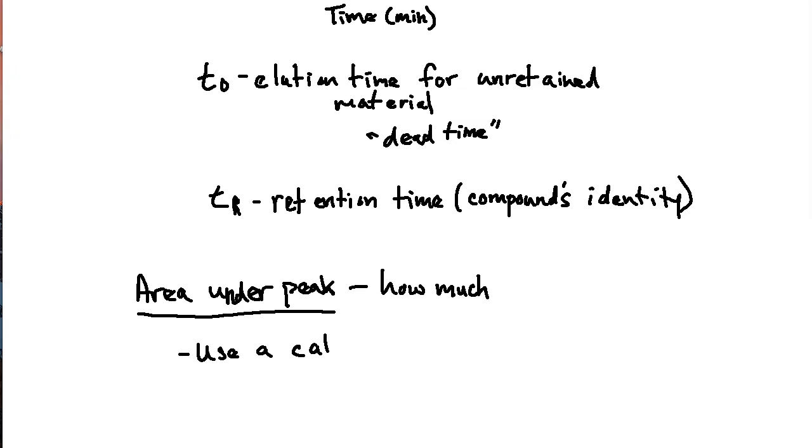So let's say that I'm working with amino acids and I want to analyze the amount of lysine. If I'm going to analyze the amount of lysine, I need to have a calibration curve of lysine at several different concentrations, and then ideally I want that range to cover from min to max any type of sample of lysine that I might be expecting.